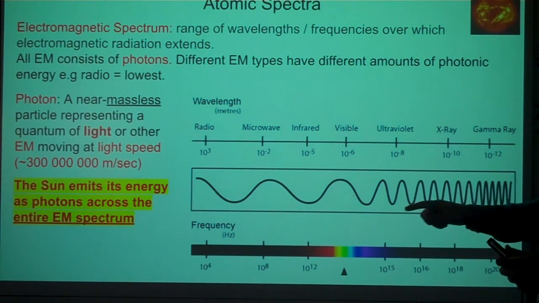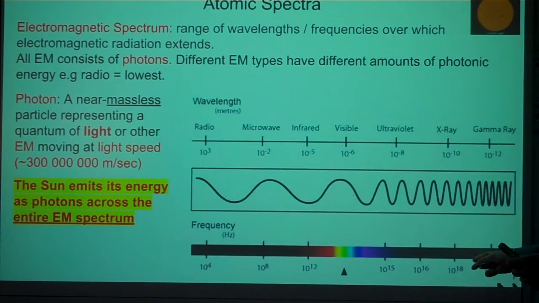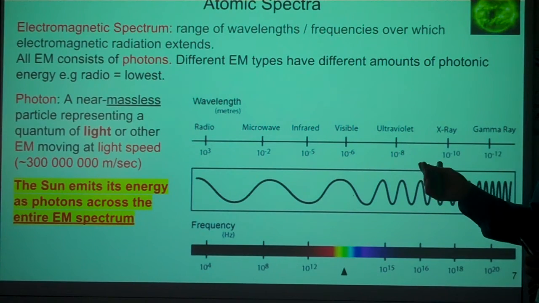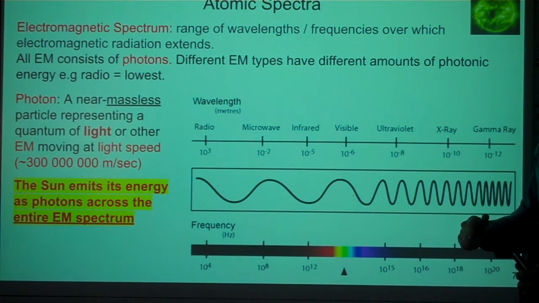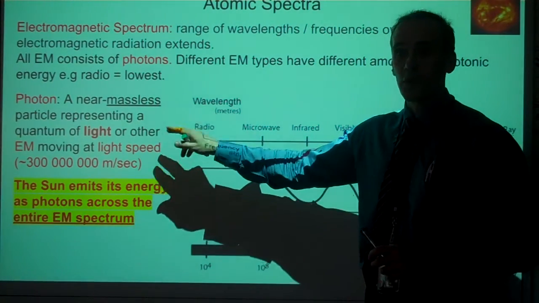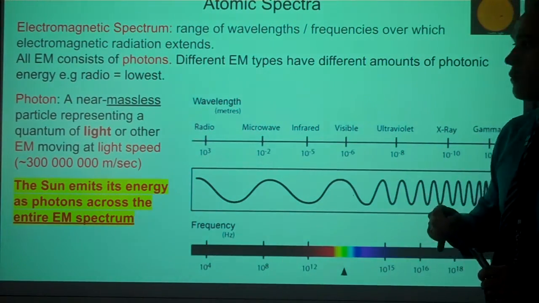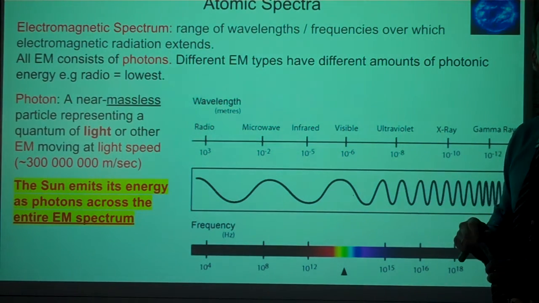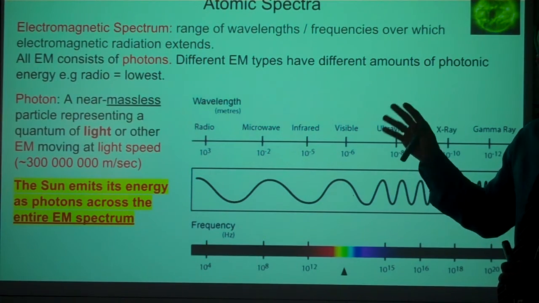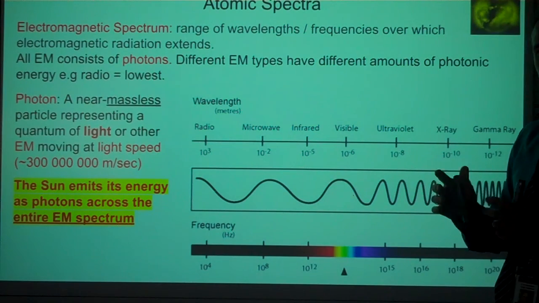Now, all of this EM radiation from radio all the way through to gamma rays is emitted in photons. It's both a wavelength, sure, and also we model it in terms of photons, these individual, effectively massless particles, if you like. Now, you won't be tested on what photons are, but you just need to be able to conceptualise them.